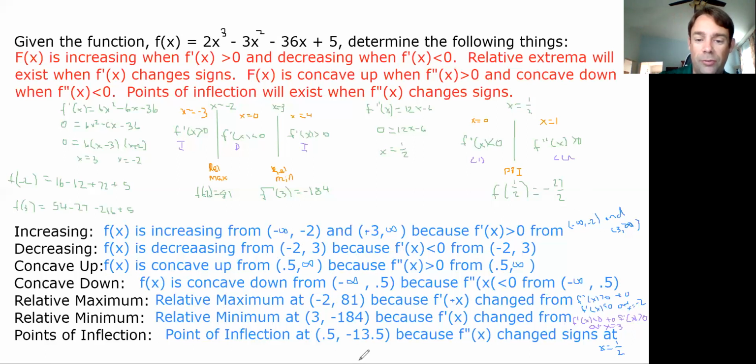Relative maximum at -2, 281 because f prime of x changed from greater than 0 to less than 0 at x equals -2. Relative minimum at 3, -184 because f prime of x changed from less than 0 to greater than 0 at x equals 3. Point of inflection at 0.5, -13.5 because the second derivative changed signs at x equals 1/2.